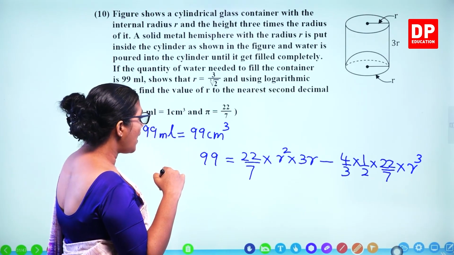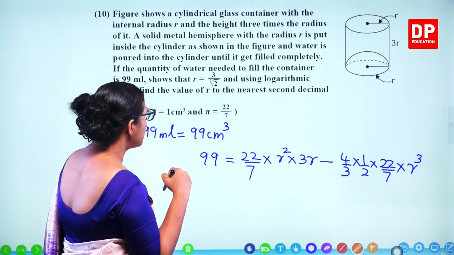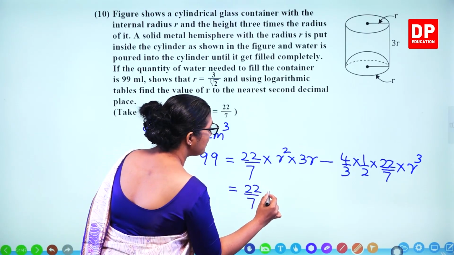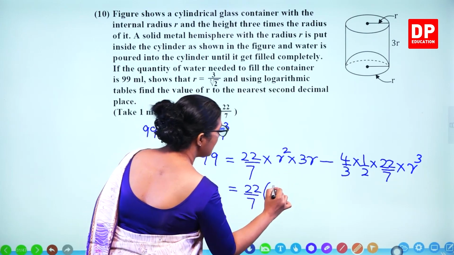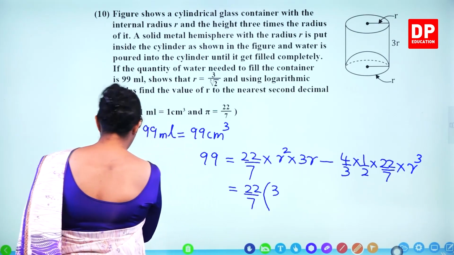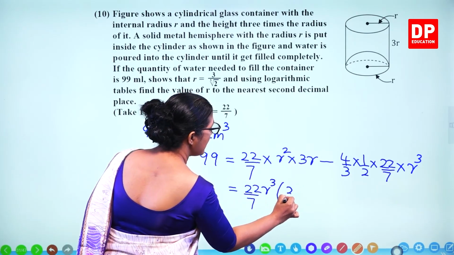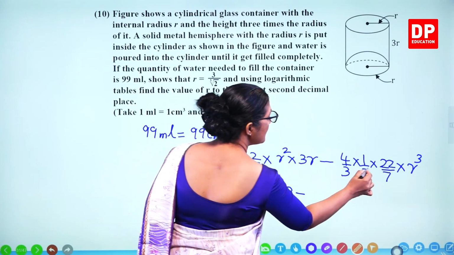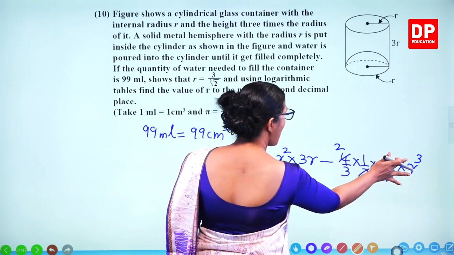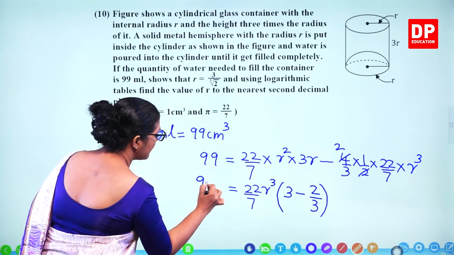Now we'll try to simplify. We take 22/7 out from this, and you get 3r. R cube also you can take out. So you get 3 here minus 2 over 3, which is 2/3. That equals 99.